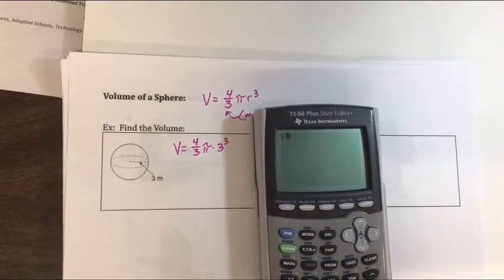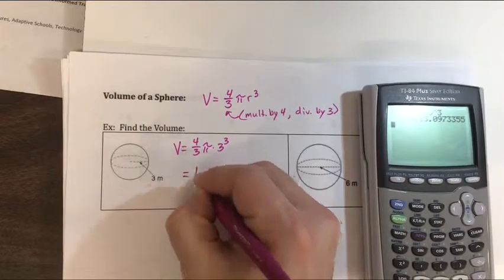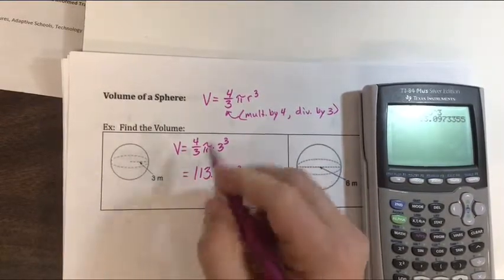So parentheses 4 divided by 3, parentheses, times pi times 3 to the third. And I have to use my exponent button to go to the third power this time. And we get approximately 113.1. This would be cubic meters, or meters to the third power.